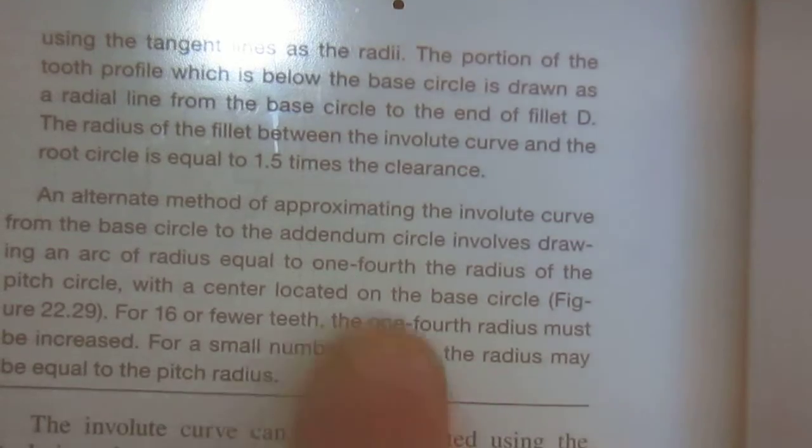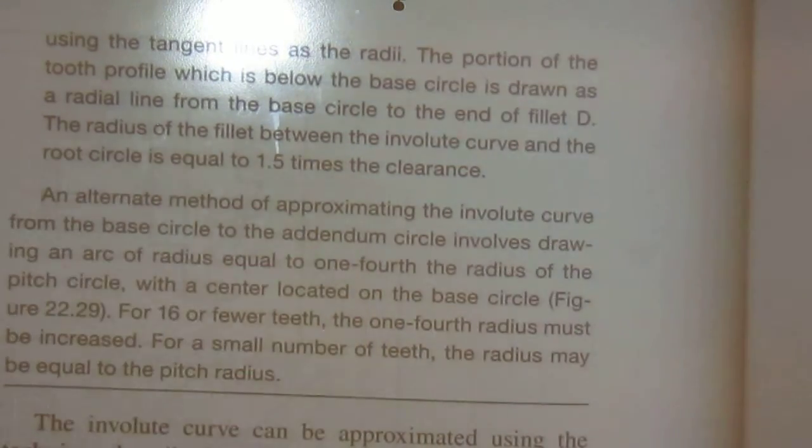You see that right here? What's our clearance? We calculated that yesterday. Clearance is the distance that the mating tooth does not come in. Clearance is equal to 0.0131.